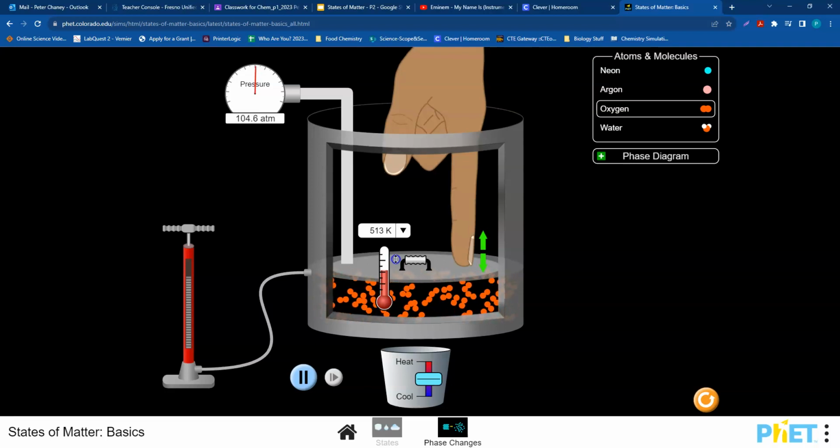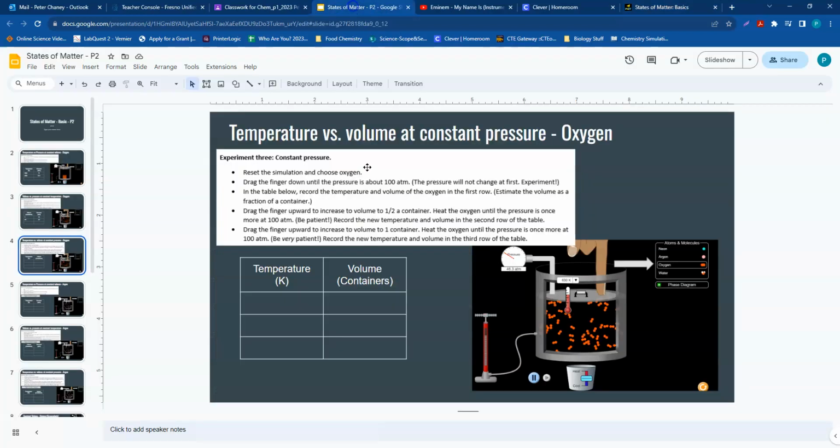We'll ease it up just a little bit more. Once we get our numbers to around 100, and I think we're just about there now, and when it's bouncing around 100, we're going to record the temperature. So 100 atm, I'm at 569K.